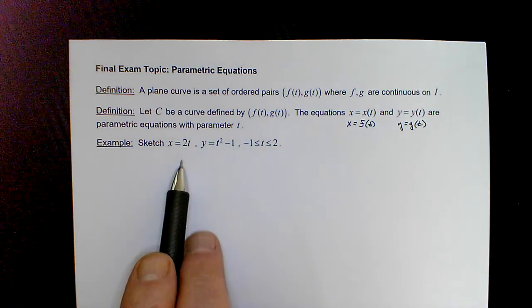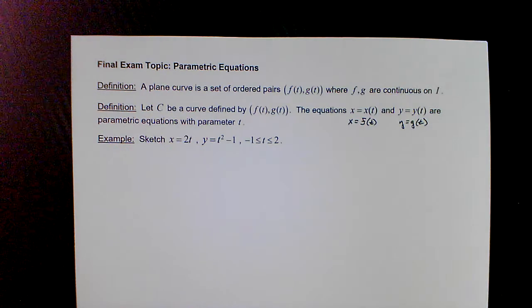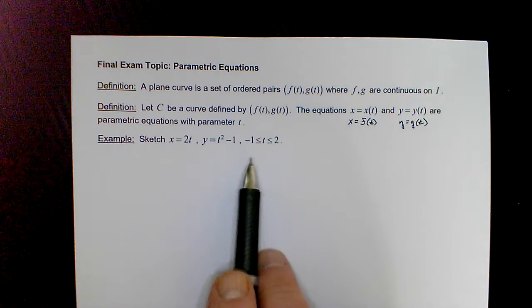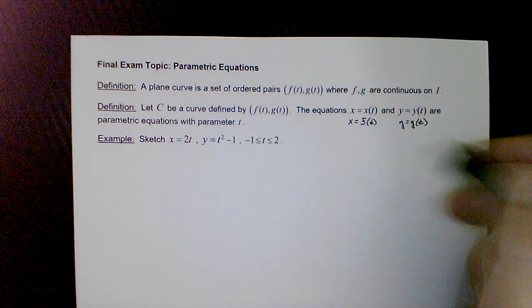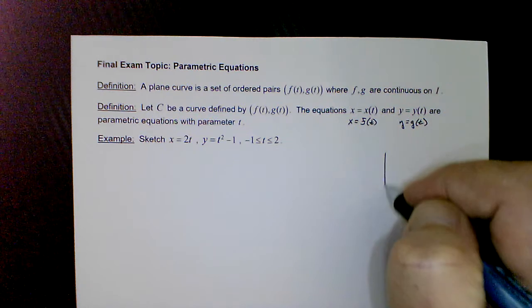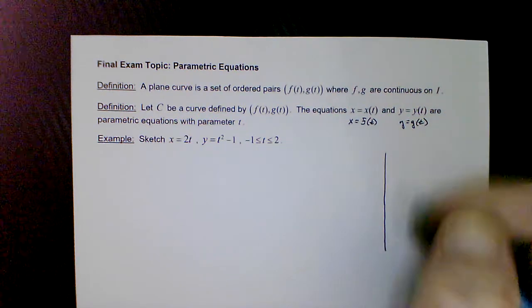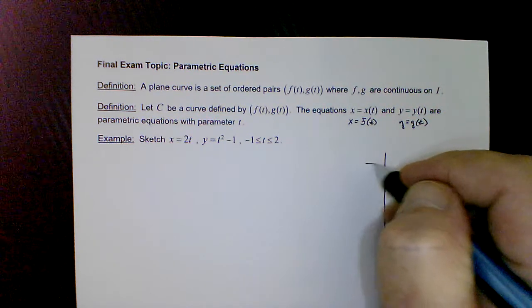So although I'm not going to ask you to sketch a set of parametric equations, I think it's kind of important to see an example. And, if we have to graph something and we don't know what it looks like, we'll set up a table of values.